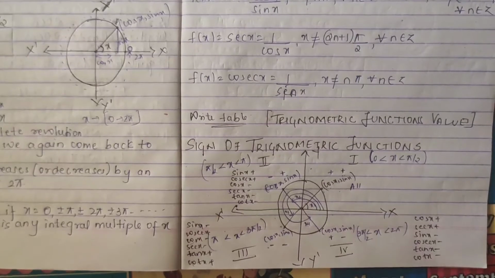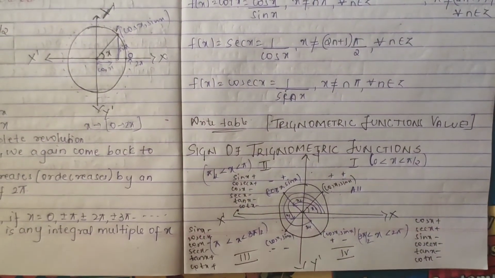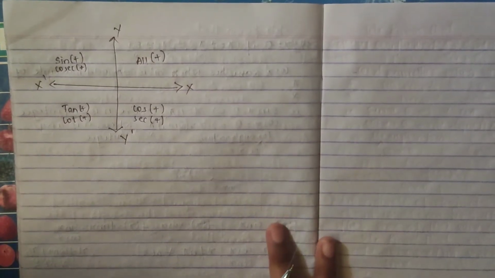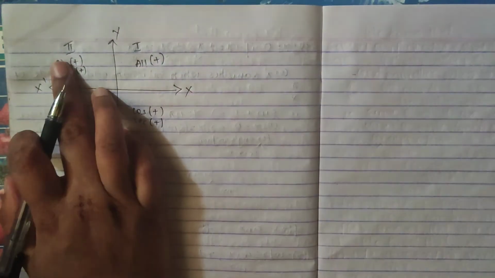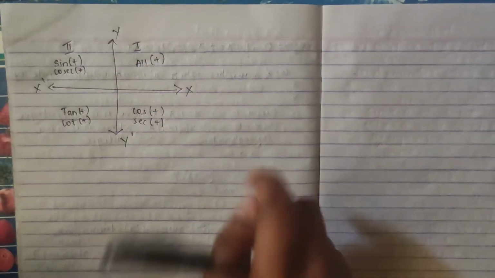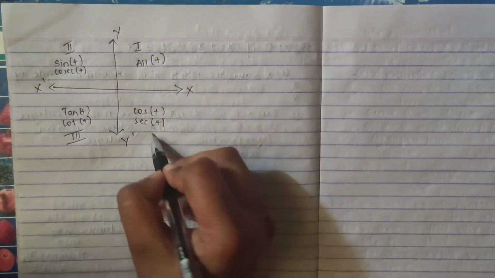In short, we will do one more table. So you can write like this to remember. In your first quadrant all are positive. In your second quadrant, only sine and terms related to sine are positive. In your third quadrant, tan and cot are positive, and in your fourth quadrant, cos and related to cos, that is sec, are positive.